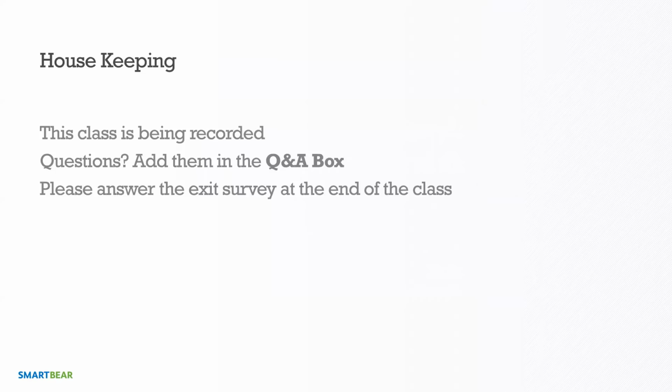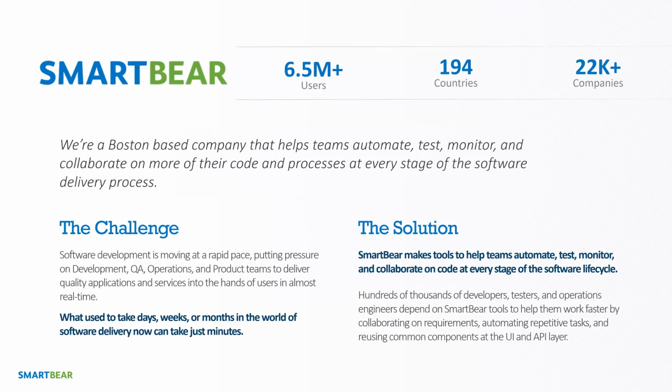All right, so quick introduction to SmartBear. Who is SmartBear? SmartBear is a Boston-based company with 11 offices globally that focuses on creating solutions for developers, testers, and operations teams to help them instill quality throughout the entire development lifecycle.